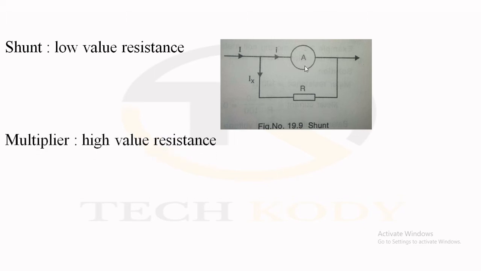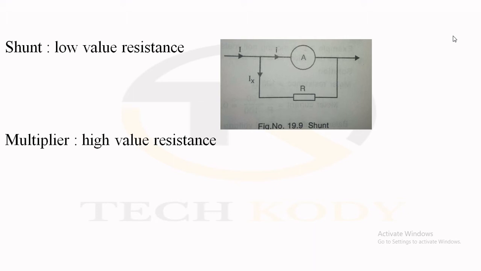Next one is multiplier. Multiplier has high value resistance, whereas shunt has low value resistance. When you hear the term shunt, it works with an ammeter. When you hear the multiplier, which is connected in series, it comes under the voltmeter.